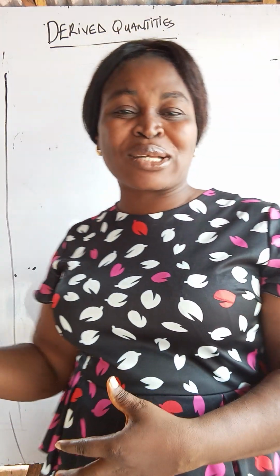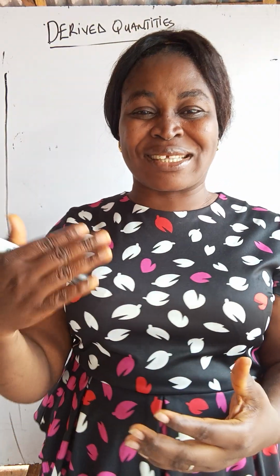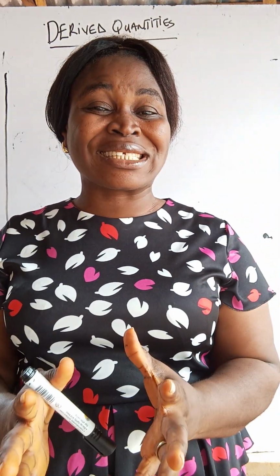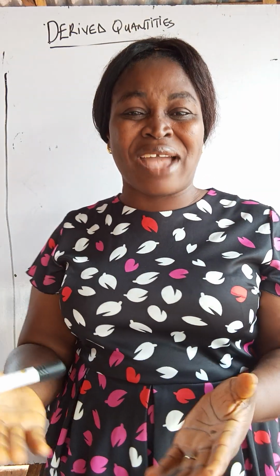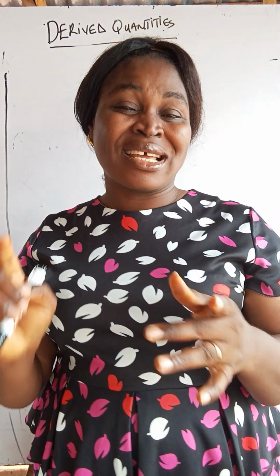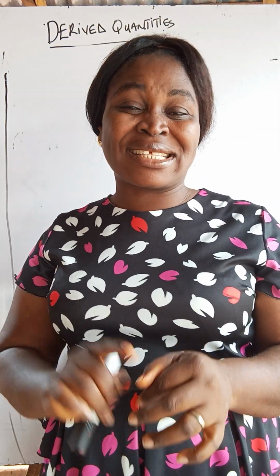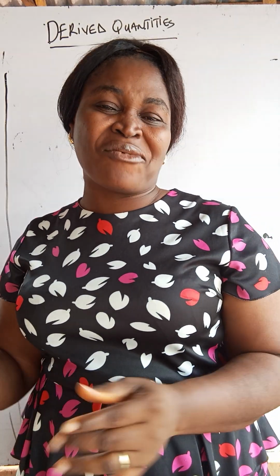All right, we go back to physics. What are the examples of derived quantities in physics? All other quantities that are not among those 7 fundamental quantities are regarded as derived. Example, the area, the momentum, the force, the pressure, the acceleration, and so on are all among the derived quantities.